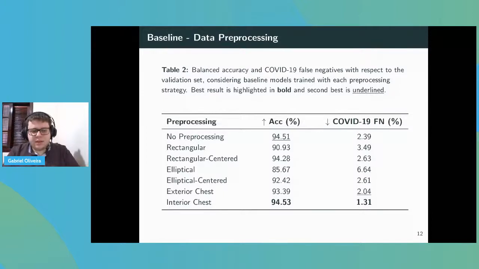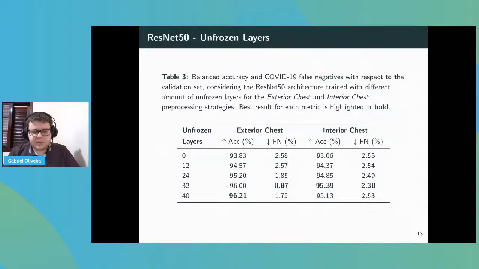The second best, considering the COVID-19 false negative rate, was the exterior chest, which achieved 2.04%. We used these two configurations for the next experiment. But it's important to notice that no processing had the second best balanced accuracy among these preprocessing techniques.